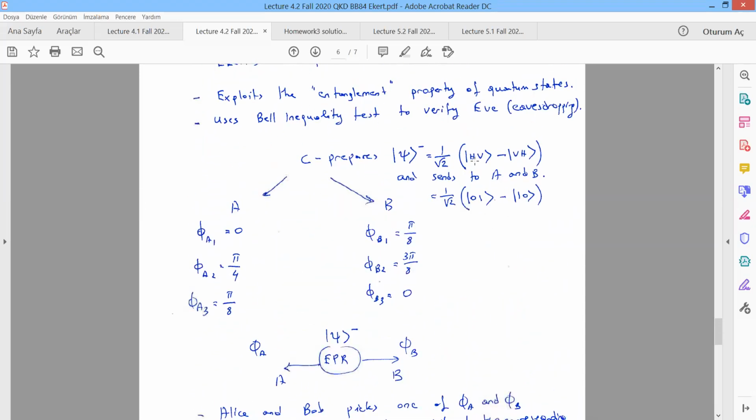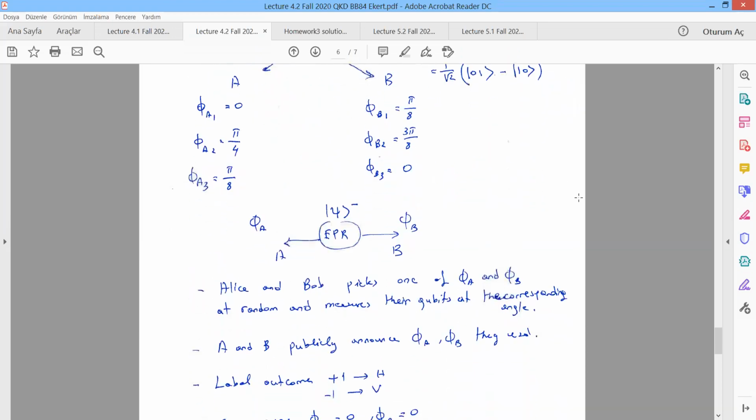In other words, if Alice is measuring horizontal polarization, Bob simultaneously is measuring vertical polarization, and vice versa. If Alice is measuring vertical polarization, Bob is simultaneously measuring horizontal polarization.